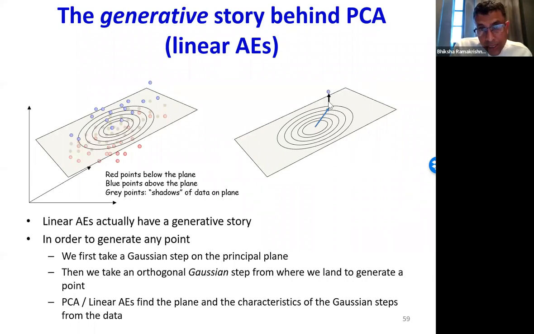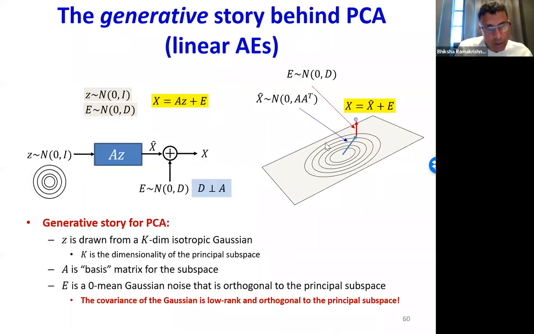Then we take a Gaussian step exactly orthogonal to the principal subspace to generate the data point. And PCA, or linear autoencoders, find the plane, which is to say the basis for the plane, and the variance of this orthogonal noise. So the decoder portion of your linear autoencoder, which performs PCA, is a generative model.